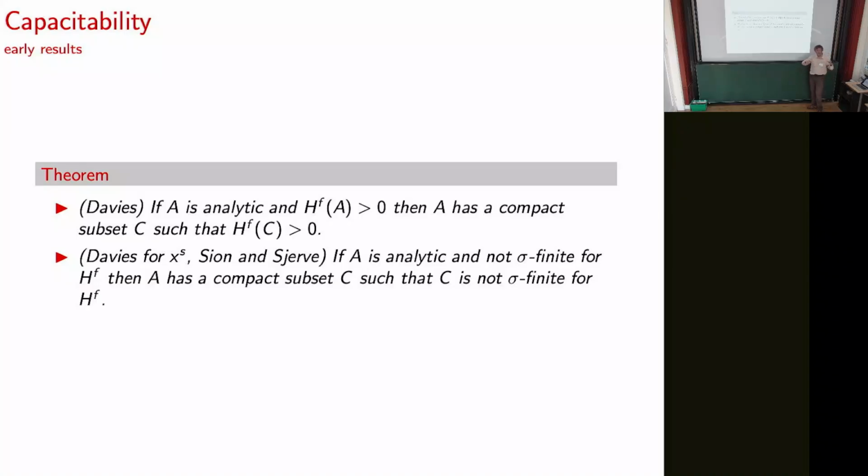You can't fill it up except for its complement. And the same thing is true when A is not sigma finite. If A is analytic and not sigma finite for H^F, then it has a compact subset for which it's not sigma finite for H^F. Okay, so the H^F notion of size of a set is, for analytic sets, supported by what happens with the closed subsets. So that's sort of the simple sets carry weight.